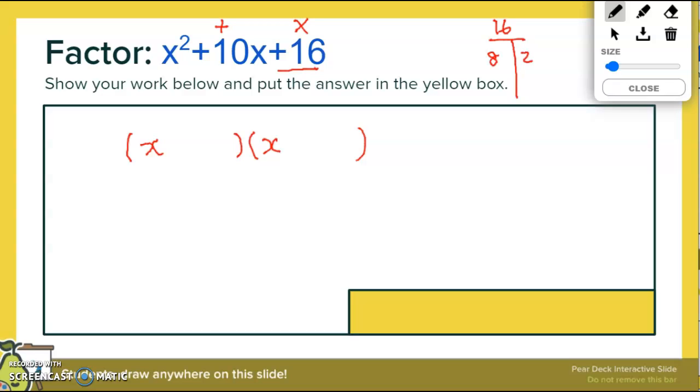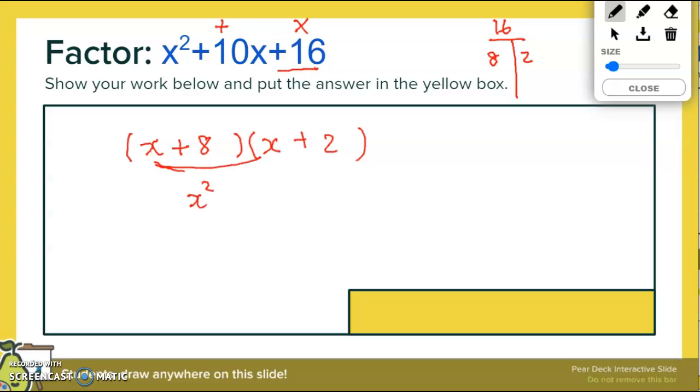Okay, the more you do this, the faster you're going to get, because you're going to start to see the pattern. You guys just need to keep doing it more and more. Alright, so then you see that it's going to be 8 and 2 right there. I am not done. I should really be checking to see if my answer is correct by doing the FOIL. First is x squared.